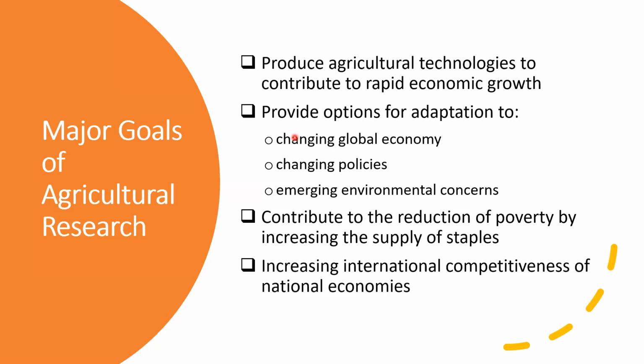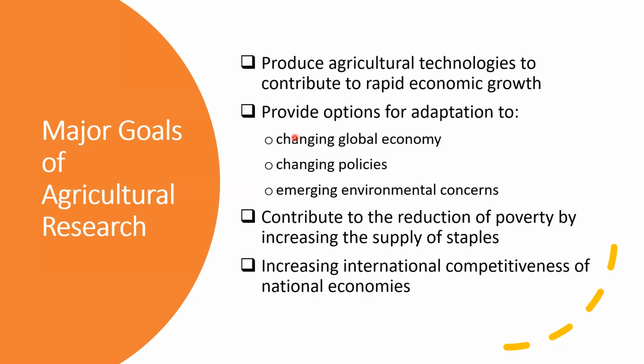Before going toward that, we must know what the actual goals of agriculture research are, because agriculture is very different from technology. Technology is a kind of luxurious thing, but agriculture is basically to fulfill the basic needs of the people, the basic needs of food security.